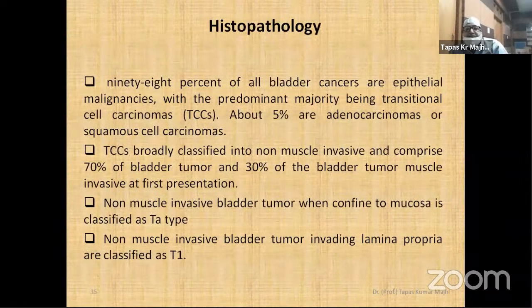98% of patients with bladder cancer have tumors of epithelial origin, that is transitional epithelial cell tumor called TCC, 5% are adenocarcinoma and squamous cell carcinoma. It is broadly classified into non-muscle invasive, comprising 75% of the tumors, and muscle invasive at presentation, 30% of bladder tumors.